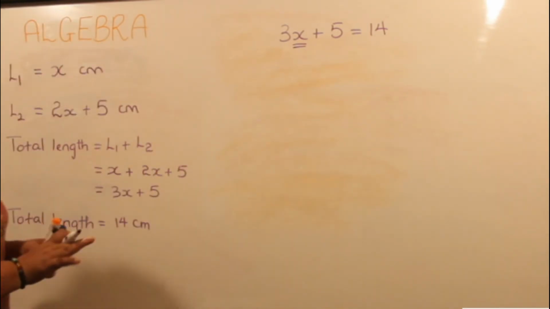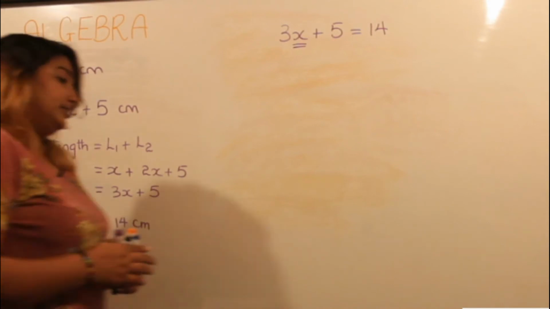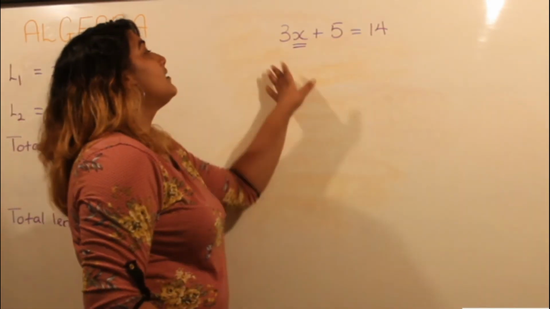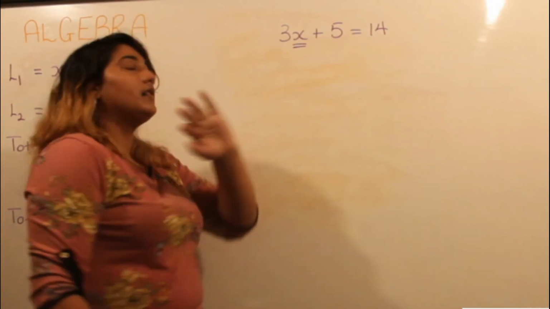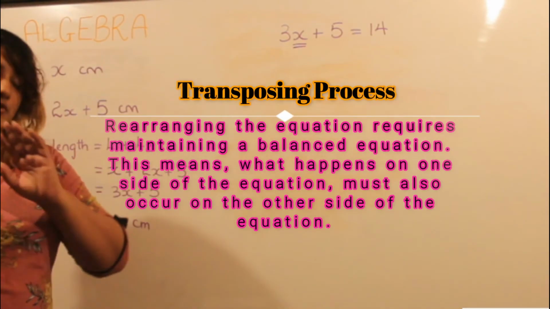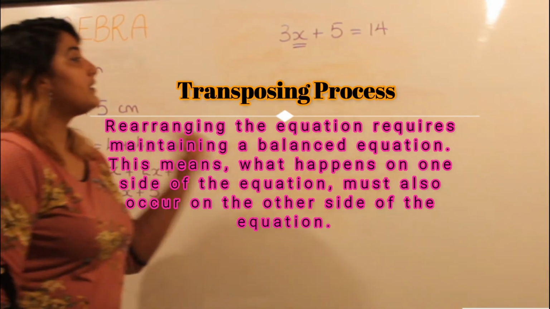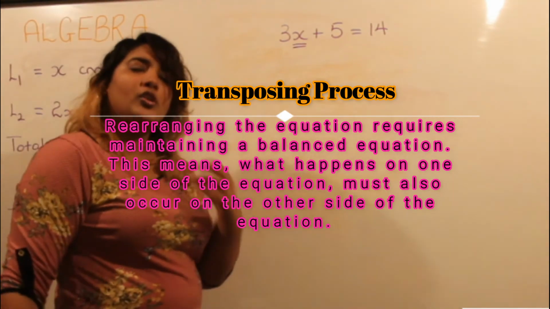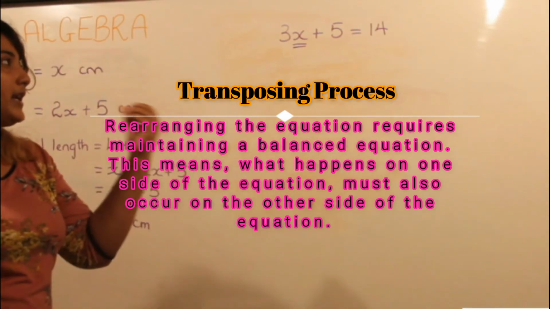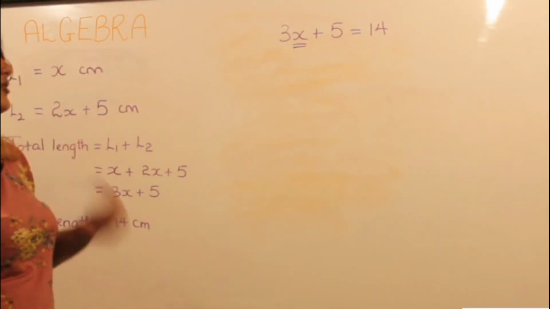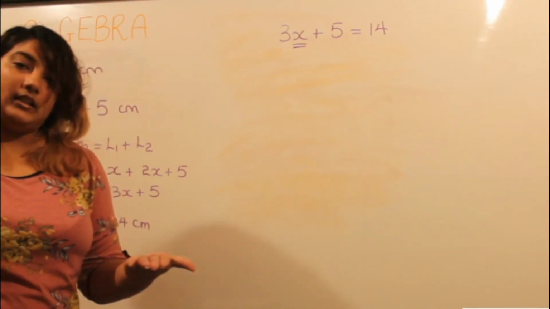Now I know many people say, because you add here, you have to subtract there, etc. Whatever works for you is just fine. But for those of you who want to understand fully what you're doing, the process of transposition makes use of the concept of the equation as a scale in balance.